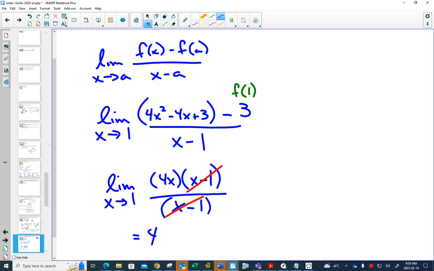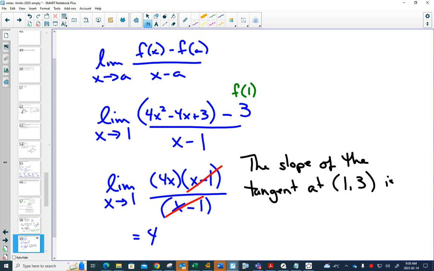So we can say, as a statement, that the slope of the tangent at the point (1, 3) is 4.